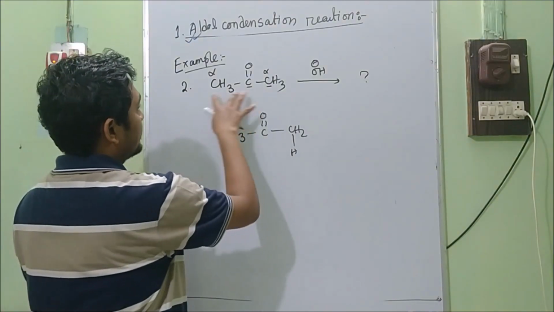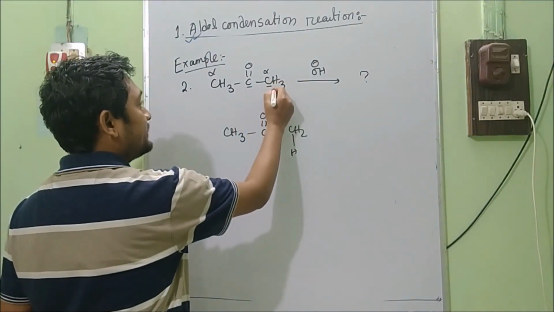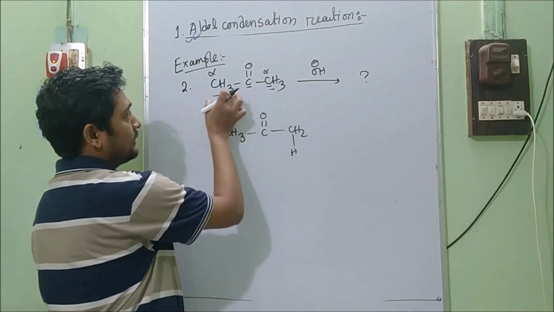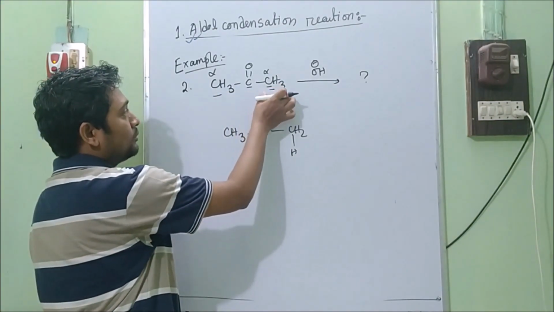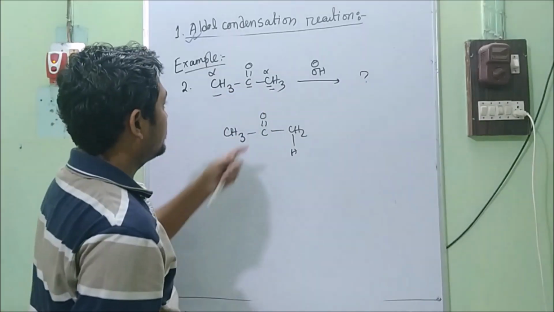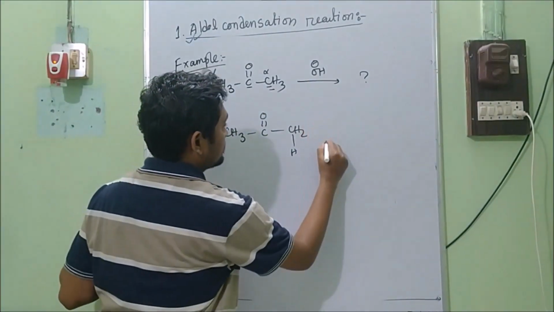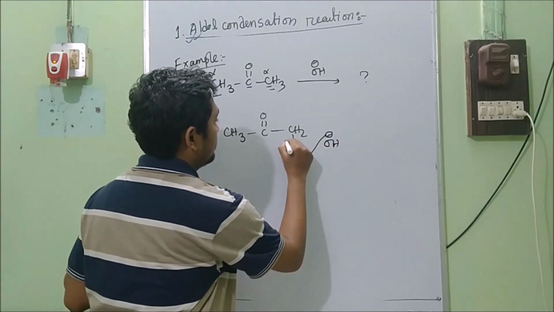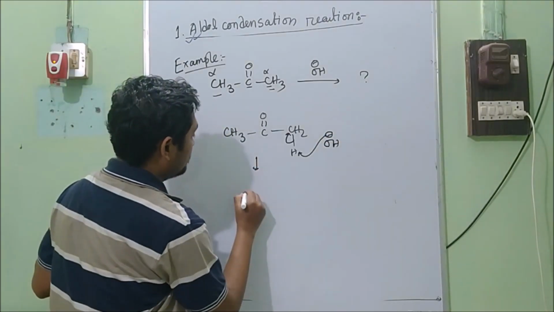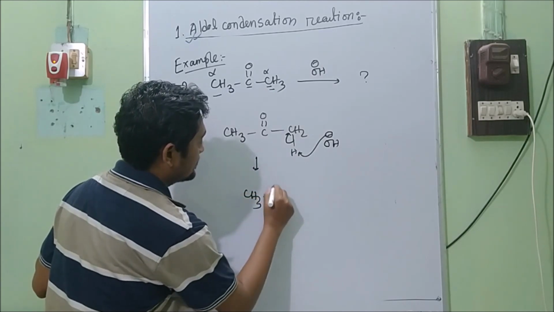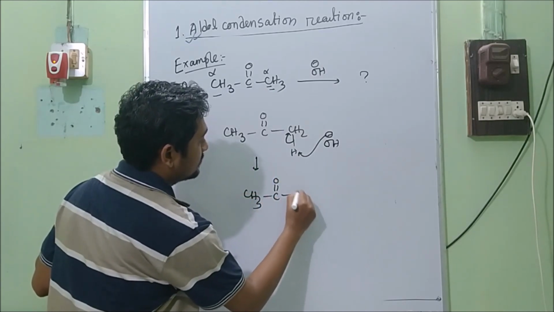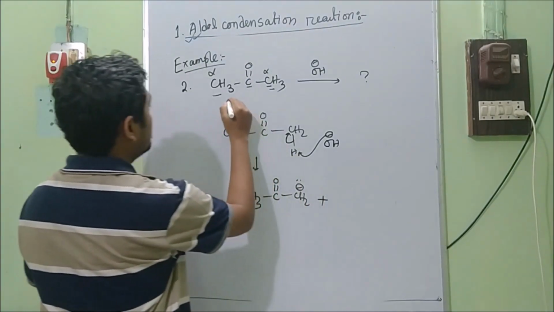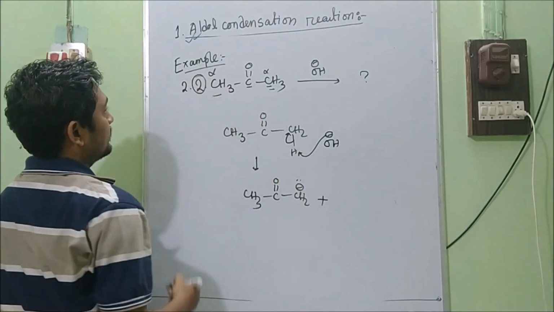So both are symmetrical, so you can take H from here and also from here. As both are symmetrical in nature, both have the same kind of acidity. So OH minus will take this H plus and the electrons will deposit on this carbon, giving CH3CO CH2 negatively charged.